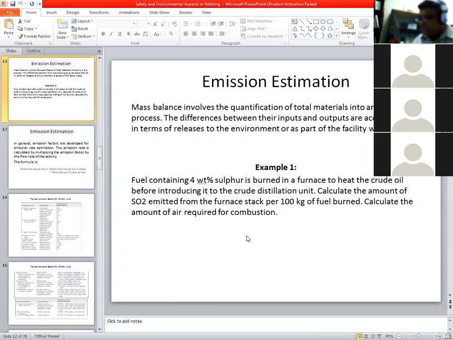So number of mole of oxygen divided by 0.21, you will get the amount of air, or air mole. So please tell me what is your answer?